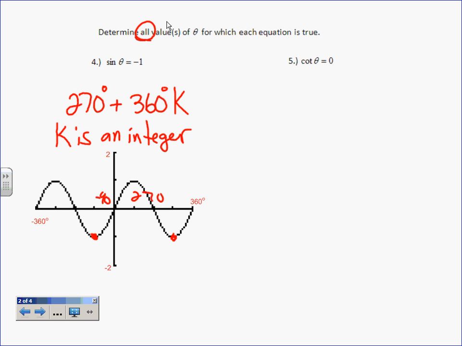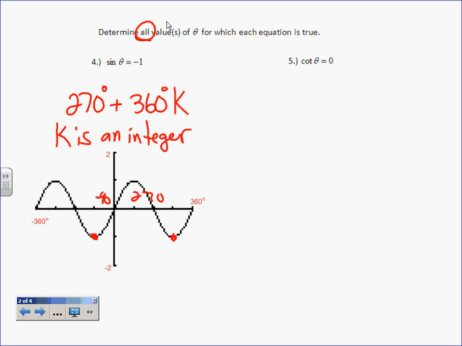Or what if K was 17? Took 360 times 17 and then added 270. Would that be another place it happens? It does. And so that's why we don't put plus or minus in there, but you could. You could put X, but K is kind of understood as the one that you will see people use. And then just make sure that people know K is an integer, because if it's not an integer, you don't get them all.